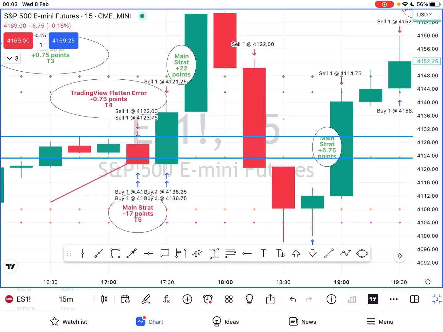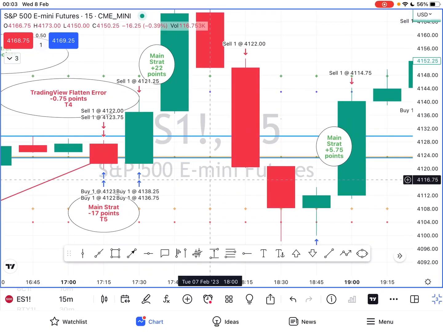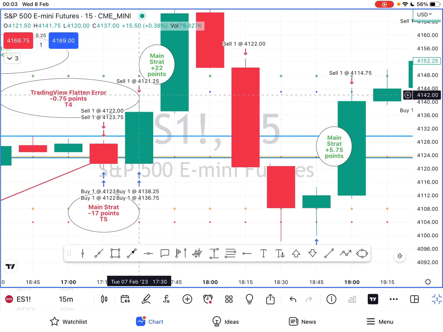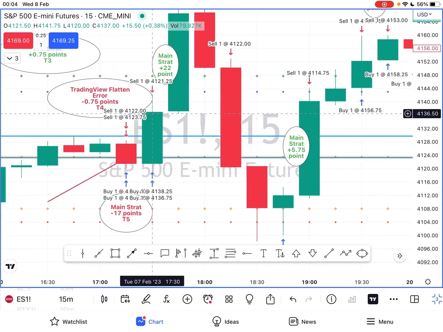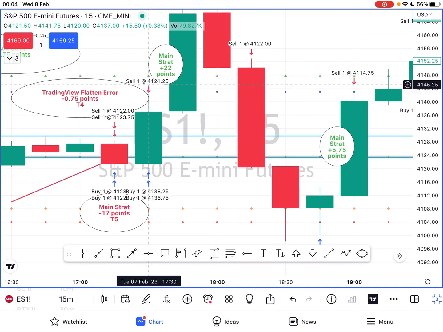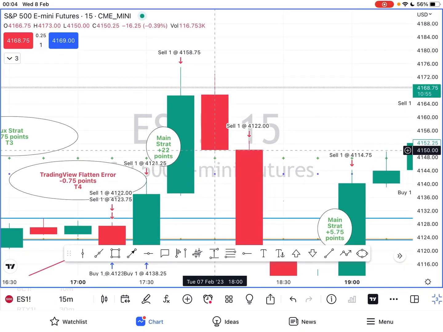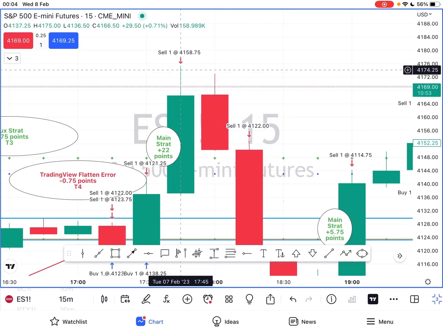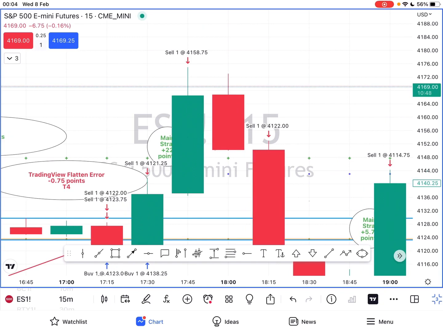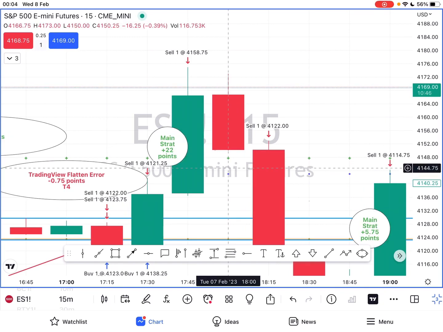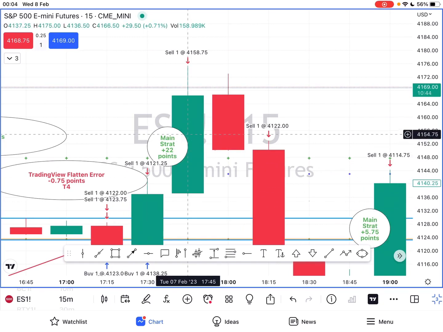The very next trade was in fact a long after the close of the candle which stopped me out. It did actually set up for a long position, so I entered long, and from that long position my target was hit at 58.75. We made 22 points on that trade, so we lost 17 and we made 22.